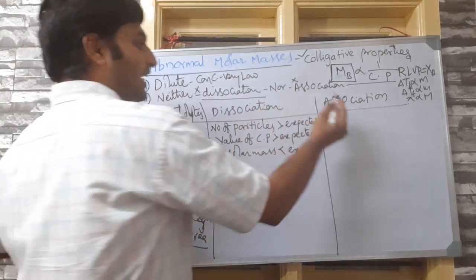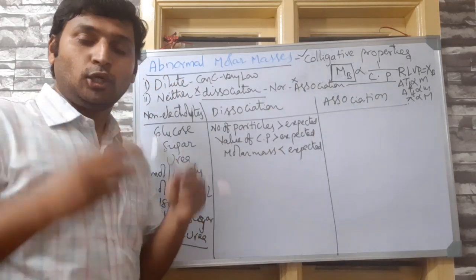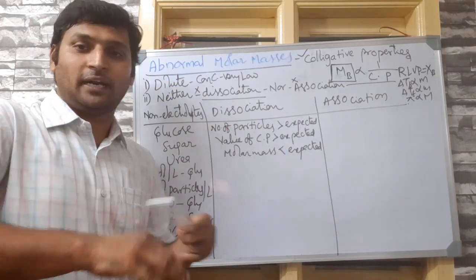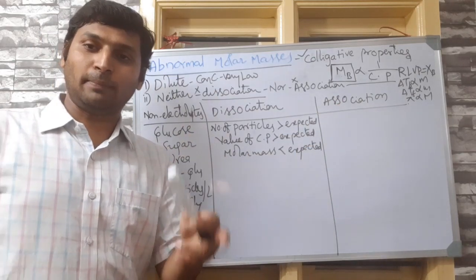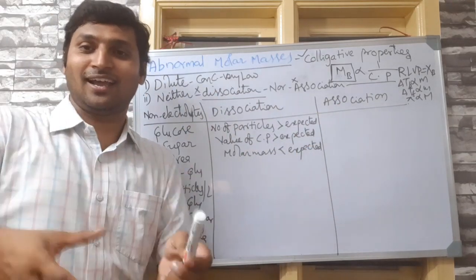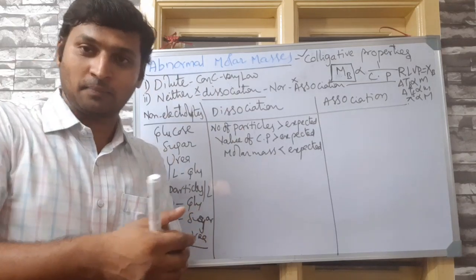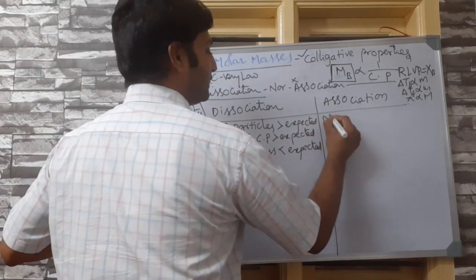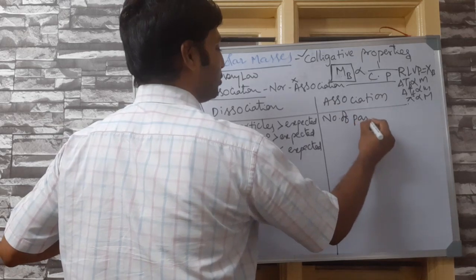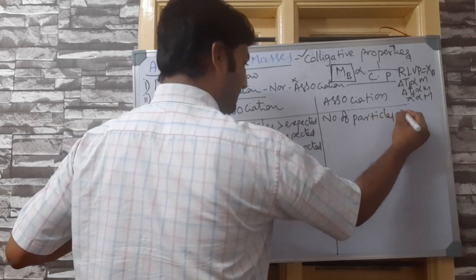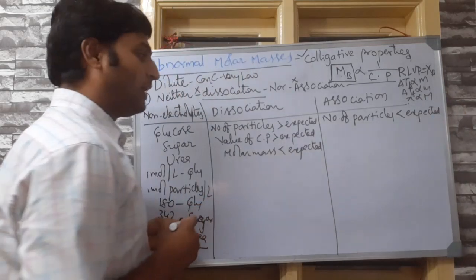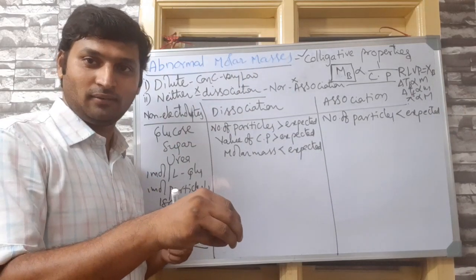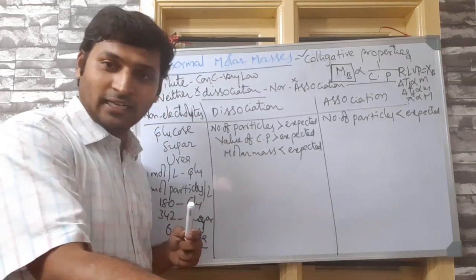Similarly, if it undergoes association, that means two particles becoming one. Dissociation means one particle becoming 2 or 3 or 4. Similarly, association means 2 or 3 or 4 particles becoming 1. Then the number of particles in the solution will be less than expected. If I prepare a 1 mole per liter solution, do I get 1 mole of particles in the solution?